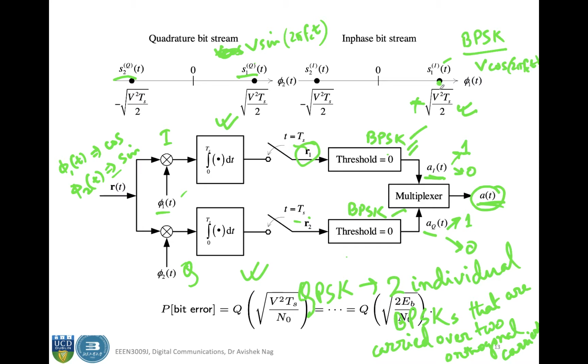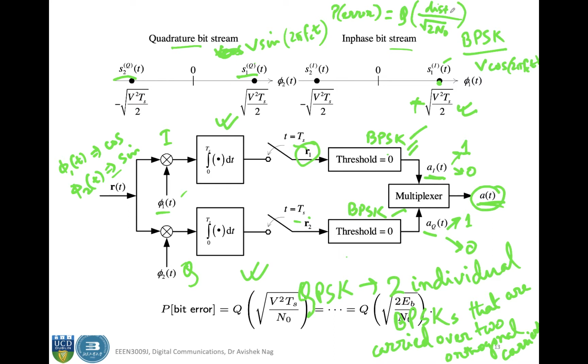So the probability of error due to this in phase BPSK and the probability of error due to the quadrature BPSK are the same, and that is determined by, again, a rule that you have already learned. So this is basically the Q function of the distance between the two signals divided by the noise RMS power.